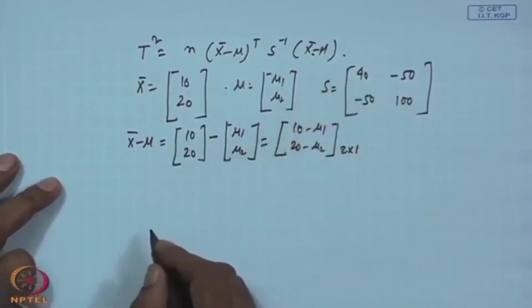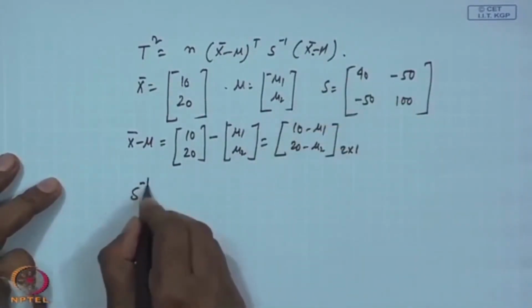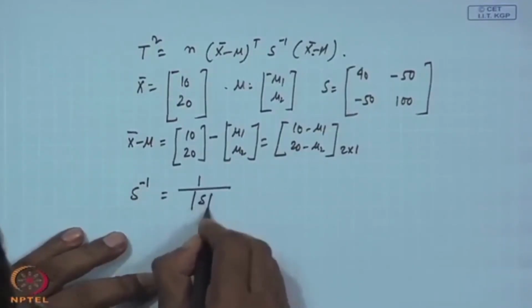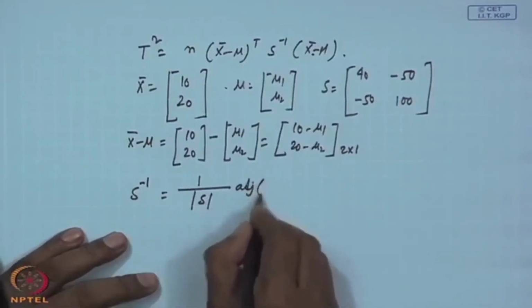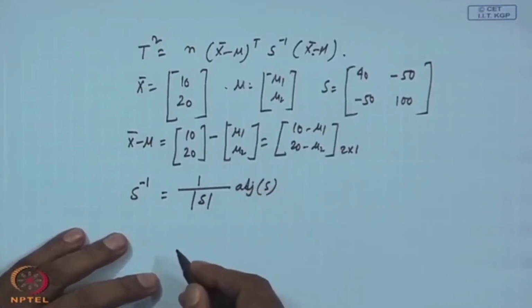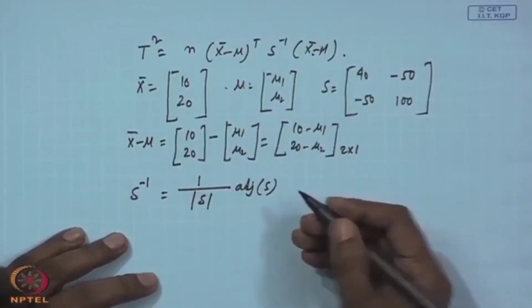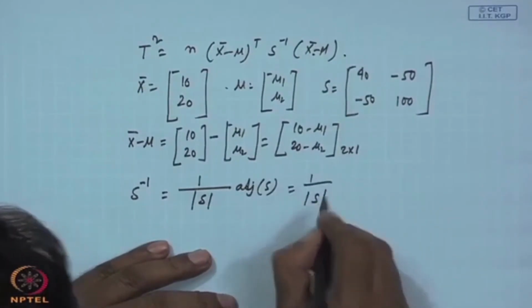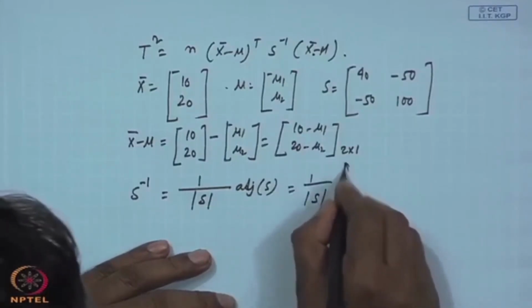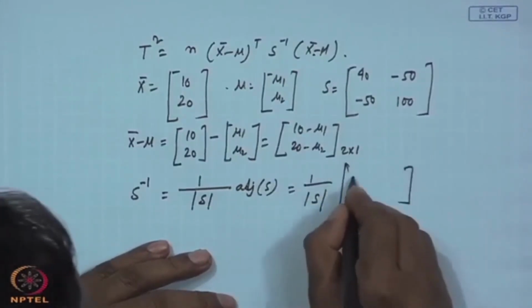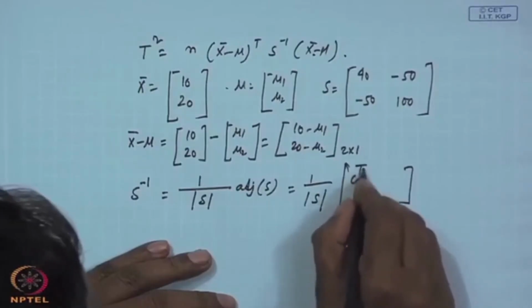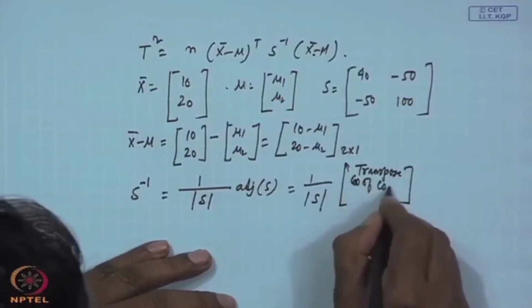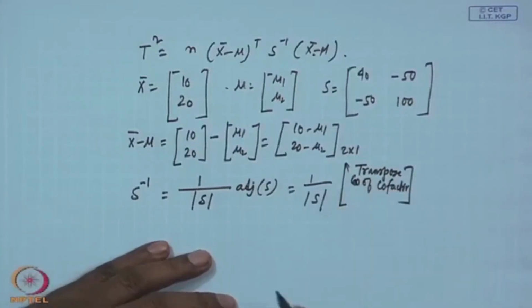Then you require to compute S inverse. S inverse is 1 by determinant of S times adjoint of S. Now, you all know adjoint of S, which I told you in one class, is the transpose of the cofactor matrix.